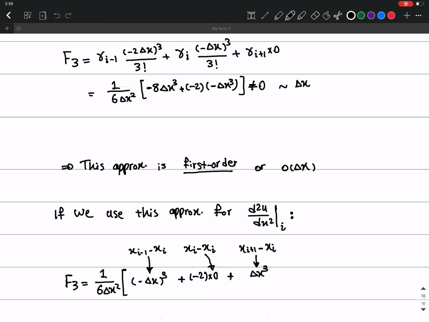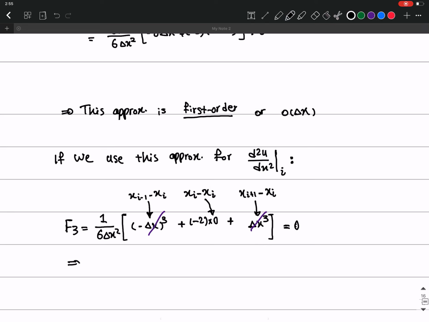So it's going to be delta x cubed. As you notice, this is 0, and these two terms cancel out. This one cancels out with this one. So I can just write that this equals 0.